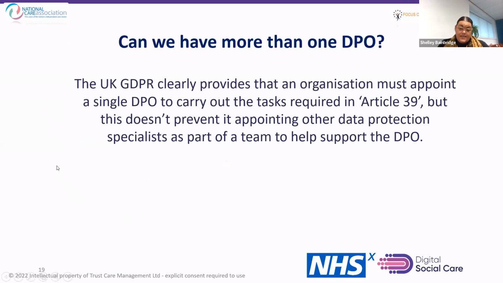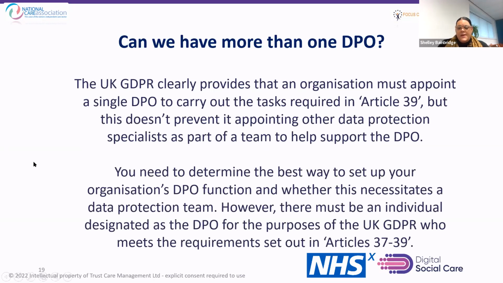Can we have more than one DPO? The UK GDPR clearly provides that an organisation must appoint a single DPO to carry out the tasks required in Article 39, but this doesn't prevent it appointing other data protection specialists as part of a team to help support that DPO. You need to determine the best way to set up your organisation's DPO function and whether this necessitates a data protection team.